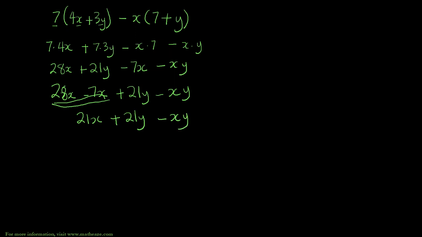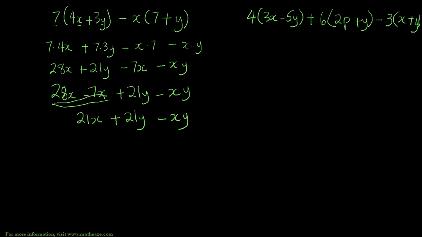Now let's try one more example. 4 times the quantity 3x minus 5y, plus 6 times the quantity 2p plus y, minus 3 times the quantity x plus y. What we're going to do first is use the law of distribution, or the property of distribution.